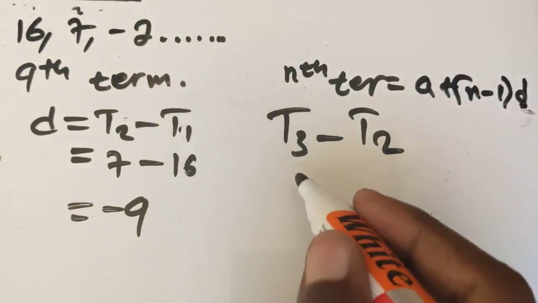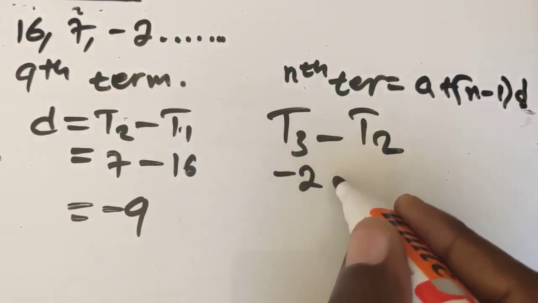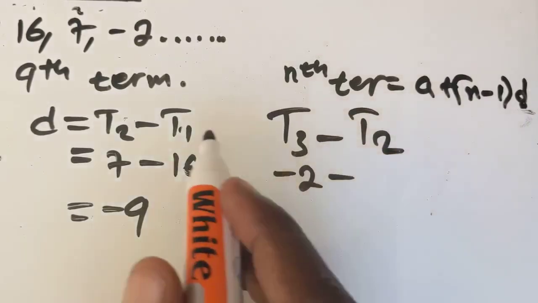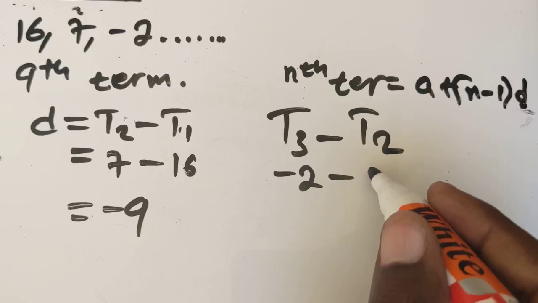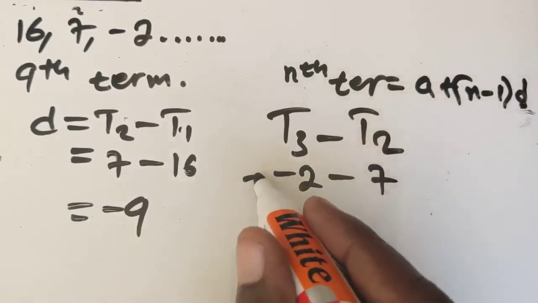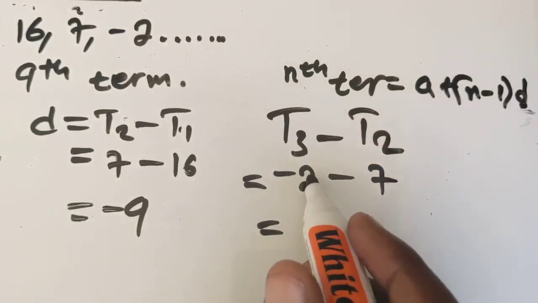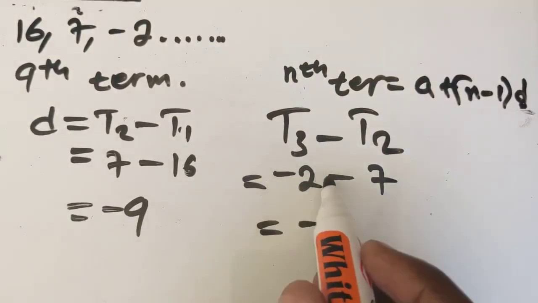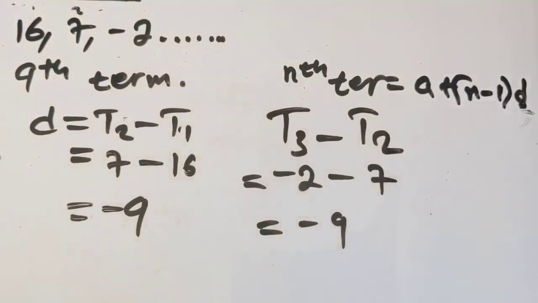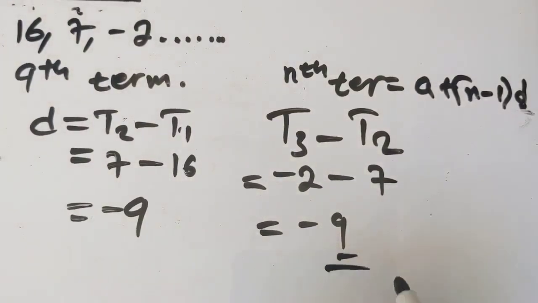So term 3 is negative 2, then minus term 2, which is 7. So what is the answer here? It is negative 9, because with the same signs you just add, then you keep the sign. So that is the answer there.